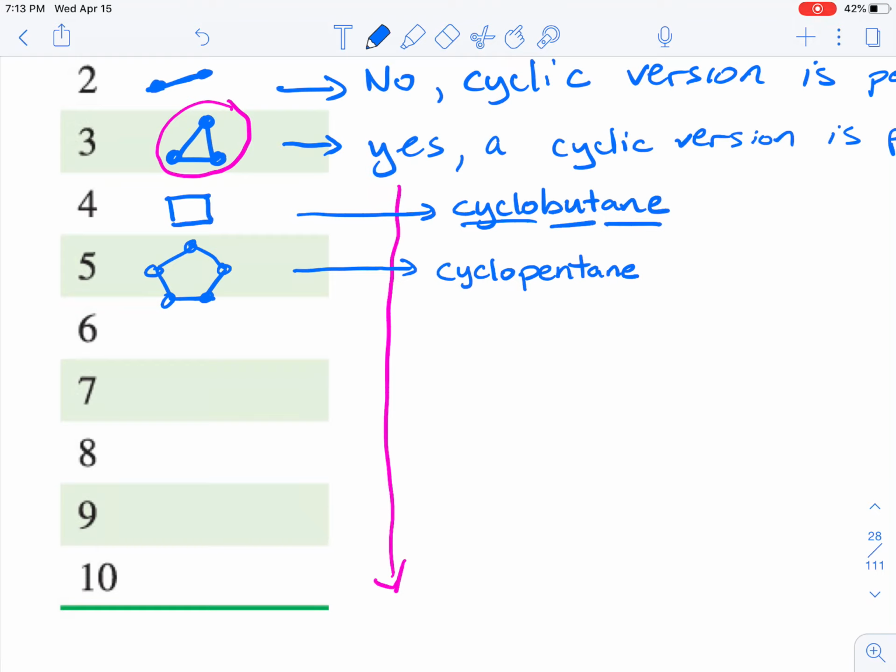And so if you guys think about 6, 7, 8, 9, 10, those are more complex structures to draw. And I'll probably only be able to draw maybe up to 8, who knows. And so for 6, it's going to be cyclohexane.